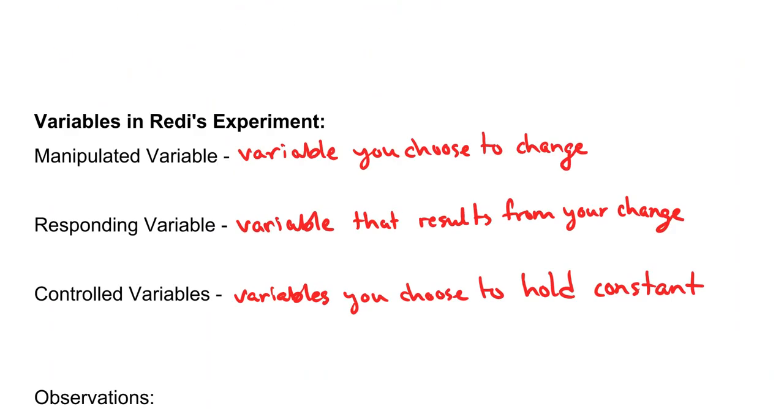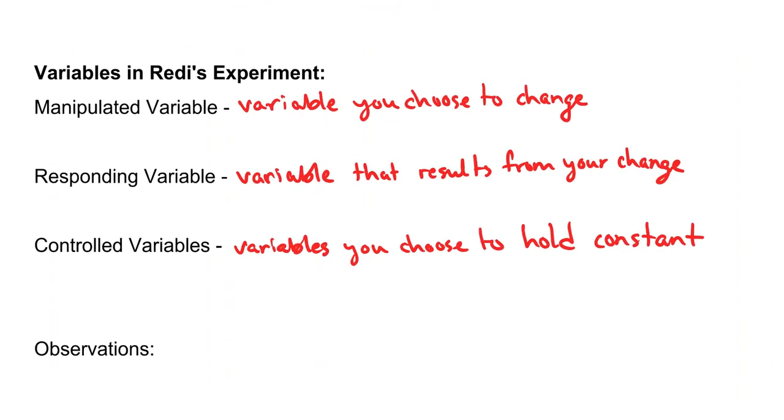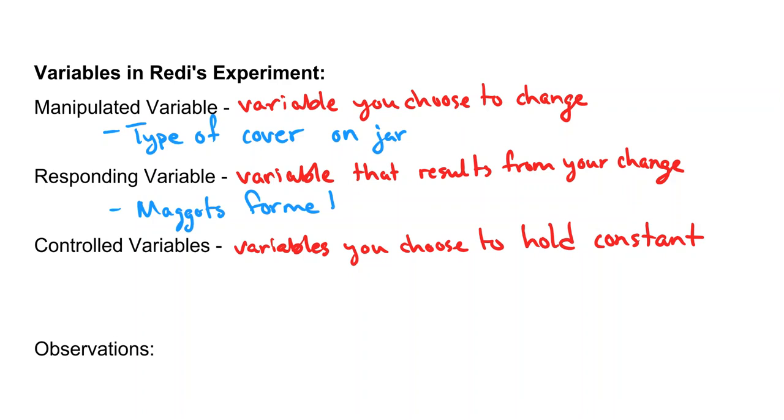So the manipulated variable is going to be the type of cover on the jar or the container. The responding variable, well, what was the measurement that we were choosing in this experiment? Well, the responding variable was going to be whether or not maggots formed. And that was either like a yes or a no.